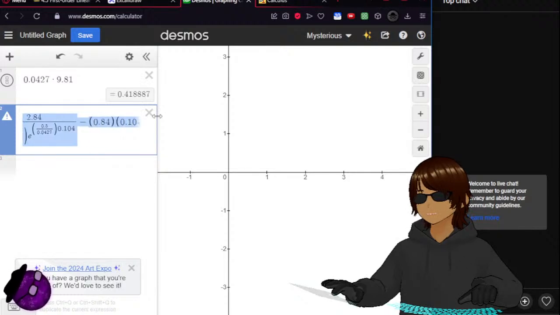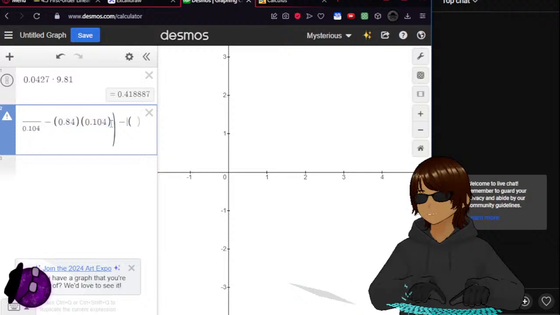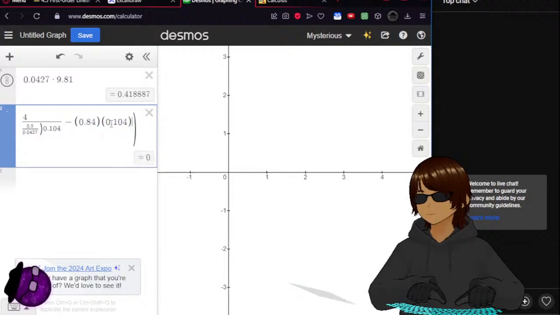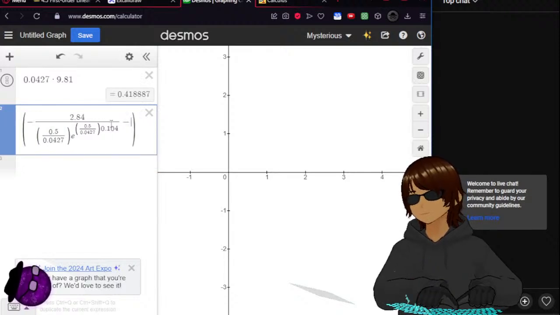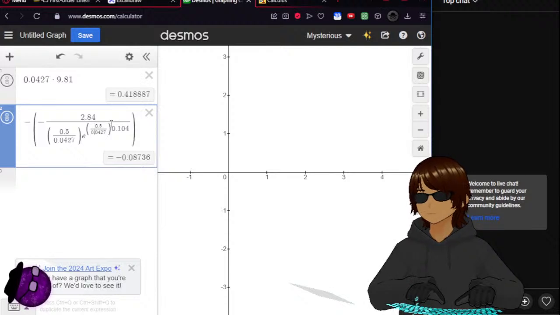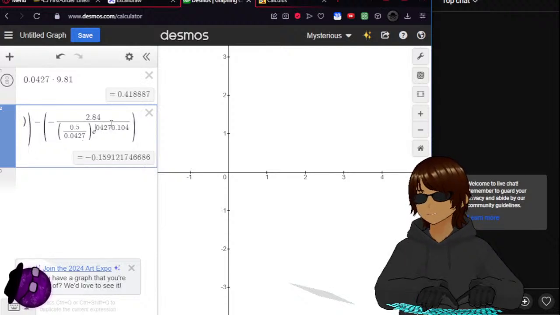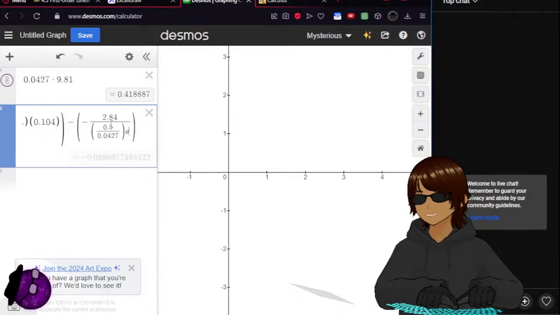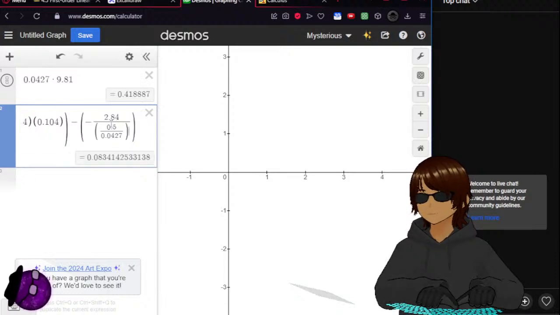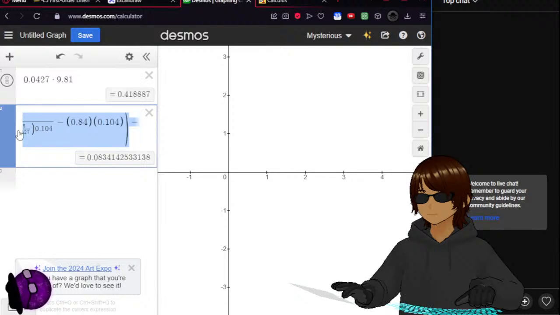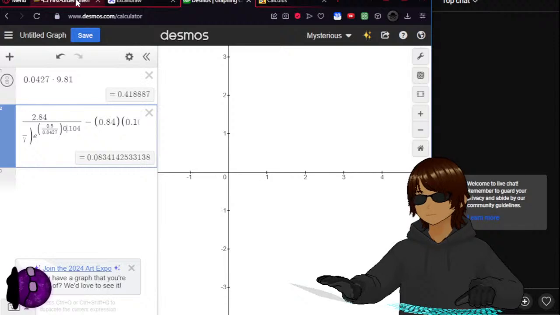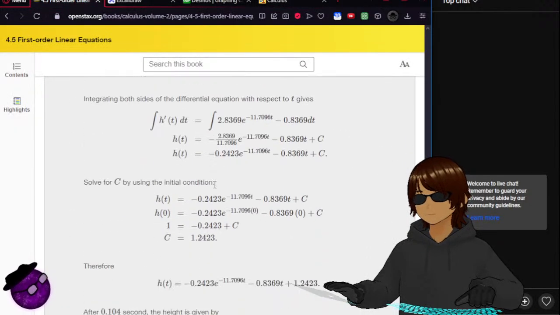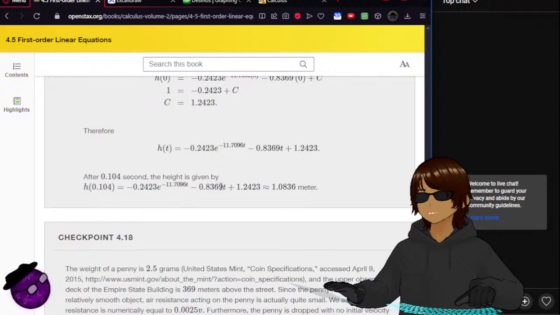So then copy all this, copy, paste, and t is equal to 0, so this is gone, and this here will become 1. And then we offset it by 1, so it's 1.083.